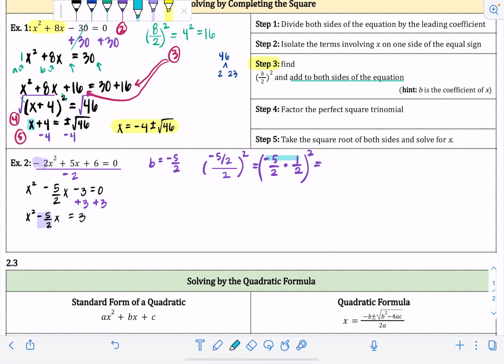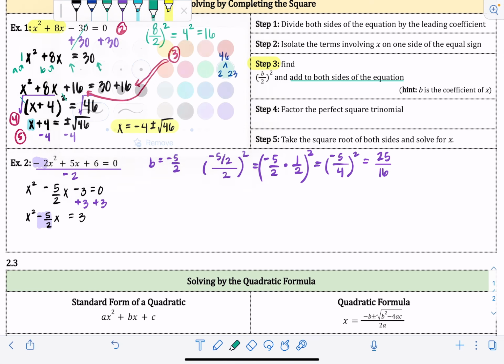Negative 5 times 1 is negative 5, and 2 times 2 is 4. Then in parentheses squared, when I square fractions, I just need to square the numerator and the denominator, the top and the bottom. So negative 5 squared is negative 5 times negative 5, which is positive 25, and 4 squared is 4 times 4, so 16.